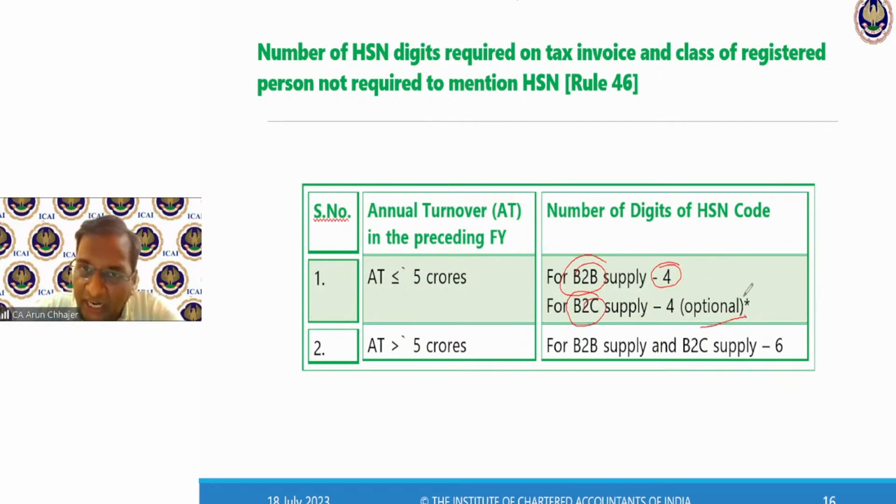If you want, you can report 4 digits, and if you want, you can ignore it. It is completely the choice of the supplier to report or to ignore. In case of B2C, the option is available only when the aggregate turnover is up to 5 crore. If the aggregate turnover is greater than 5 crore, then whether it is B2B or B2C, 6 digits would always be required to be mentioned.